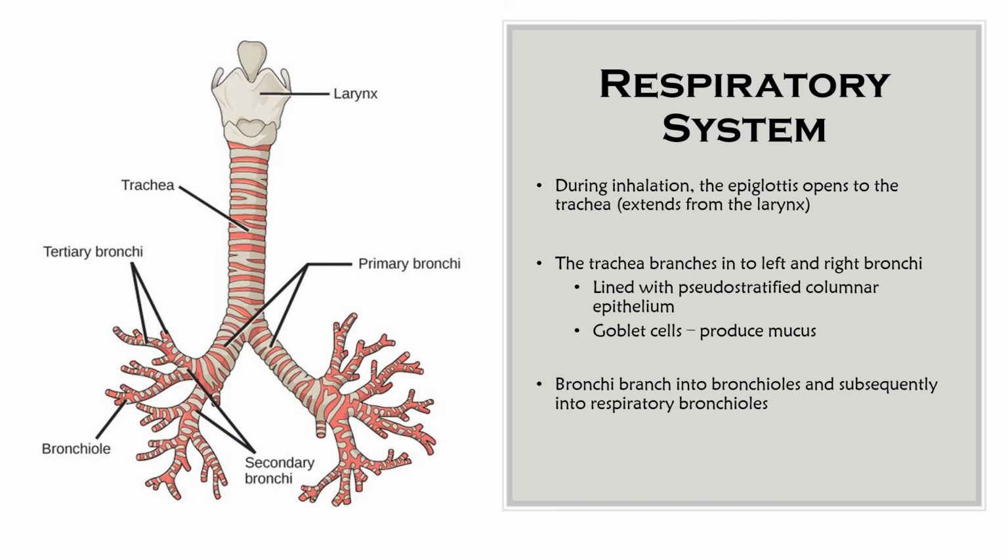Now the trachea branches into left and right bronchi, and these bronchi are lined with pseudostratified columnar epithelium. And in that epithelium are goblet cells that produce mucus. Now the bronchi branch into what are called bronchioles, and these bronchioles subsequently branch into smaller bronchioles called respiratory bronchioles.